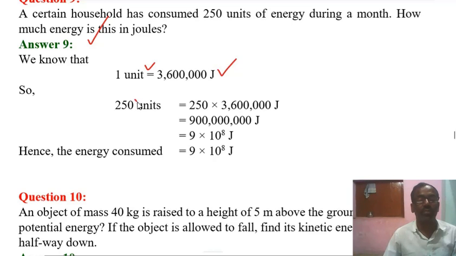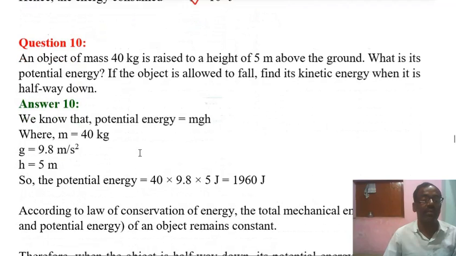So 250 units equal to 250 into 3.6 into 10 to the power 6, and after the calculation we get here 9 into 10 to the power 8 joule. So it is very easy to find the energy consumed. Let's see question number 10.